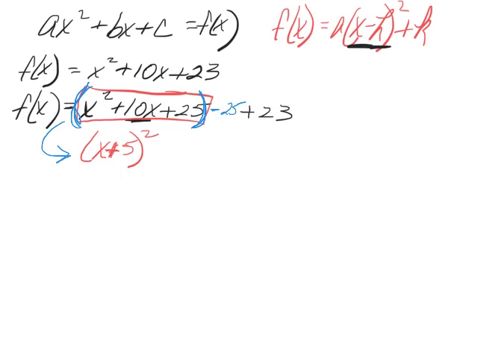So actually we're adding 0, but we're grouping here so that we can do what we needed to do. So this here then becomes minus 2. If you were to take x plus 5 and square it and subtract 2 from it, you would get this equation back right here. We just changed the way it looked.